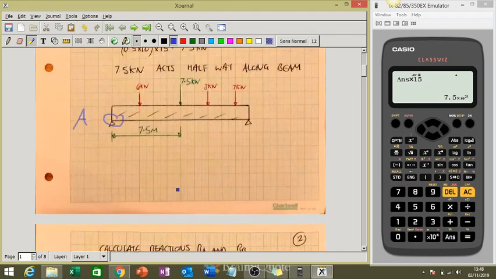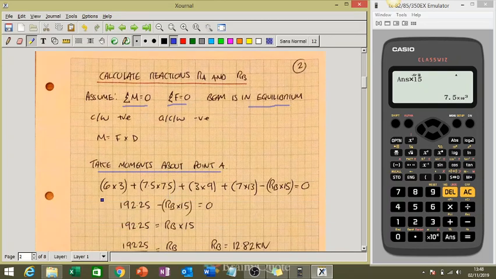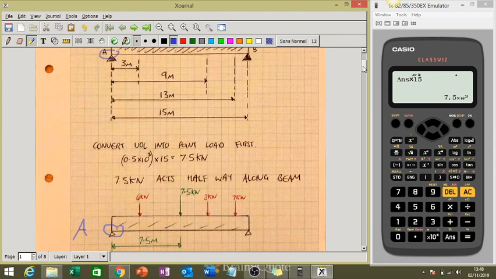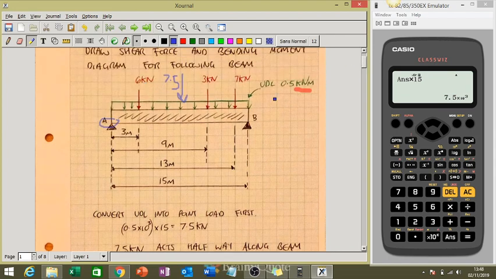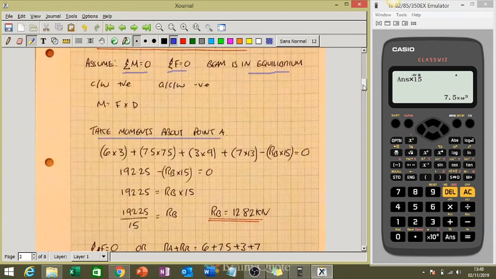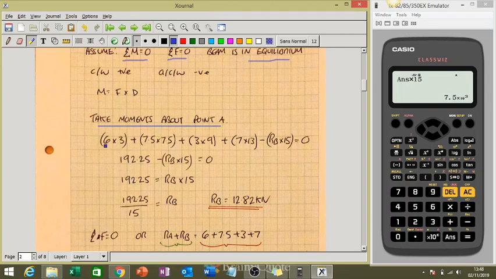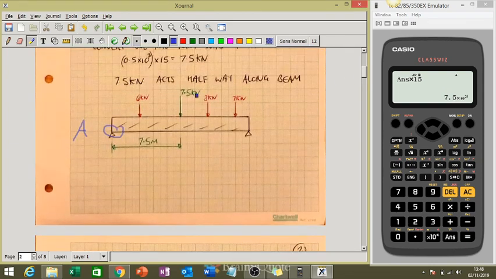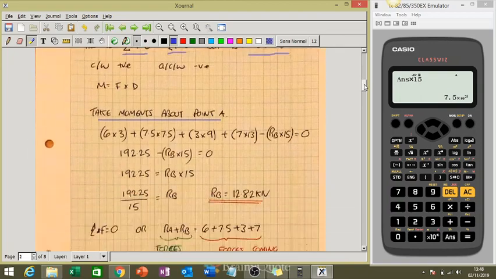So there's my force times distance: 6 times 3, going clockwise, hence positive. That's my UDL, 7.5 at 7.5 meters away, all going clockwise, because that's our pivot point.